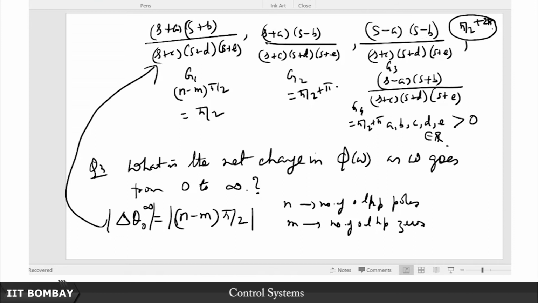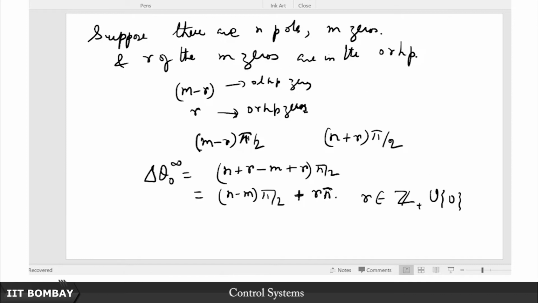So you see, among all transfer functions which correspond to the same magnitude plot, the one corresponding to the minimum phase system has a minimum change of phase in going from 0 to infinity, that is in changing the omega from 0 to infinity. The net phase change for a minimum phase system is minimum.